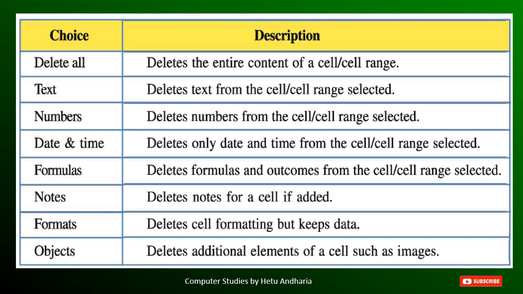It deletes additional elements of a cell such as an image. Now, practically I will show you this option in Microsoft Office 2003 as well as 2007. There is a little bit of change. It is not exactly what is given here, but still I will teach you practically.